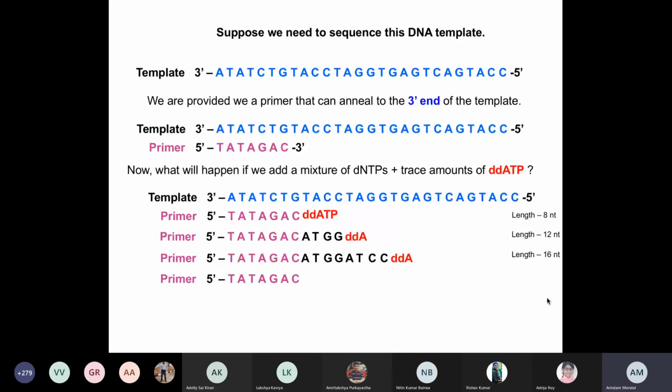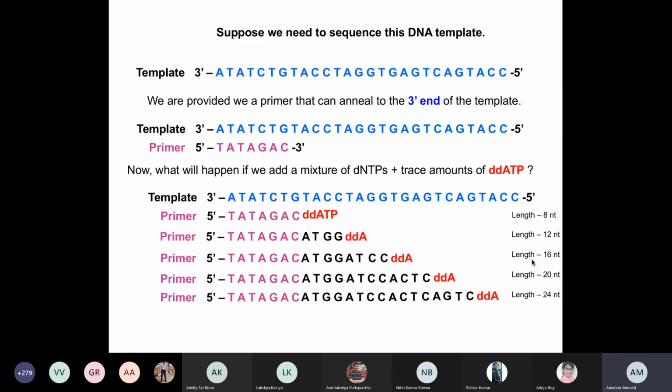Next, length 16, then length 20, then 24. That means if you add ddATP in a very trace amount in a DNA replication process, you should be able to find DNA fragments of length 8, 12, 16, 20 and 24.